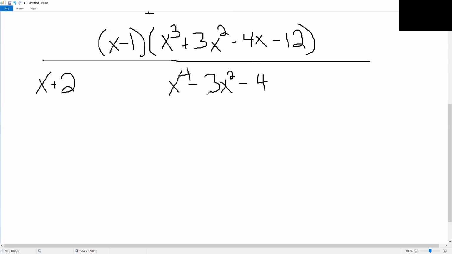Now, as you notice, we don't have a descending order. There's no x to the third and there's no x. Well, this is how you do that.